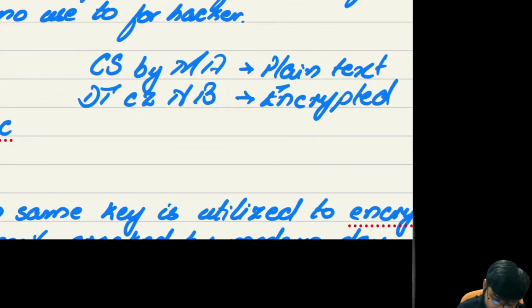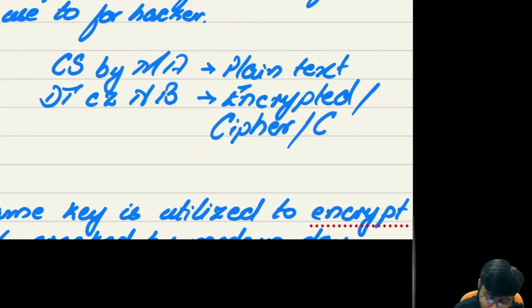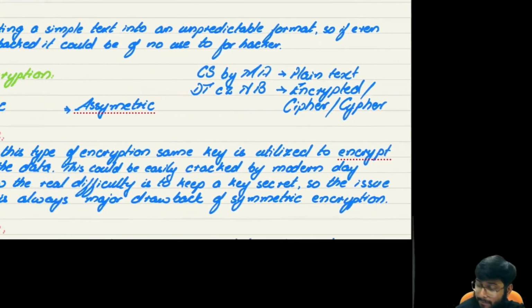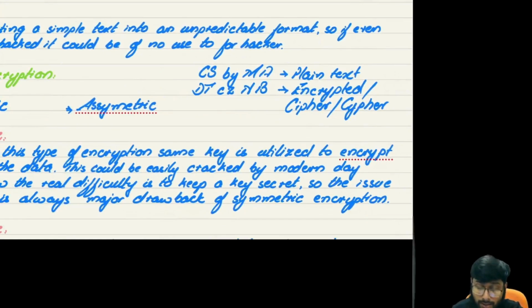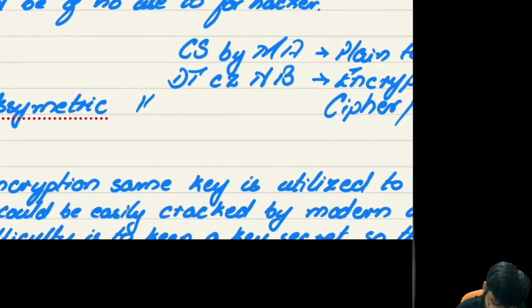Now this is my encrypted text, or you may call it the cipher text as well. At a few places you will find the spelling cipher, CIPHER, and at a few places you will find CYPHER. So I just converted CS by MA into DT, CZ and B. Now what do I mean by that? I actually utilized the key of +1.